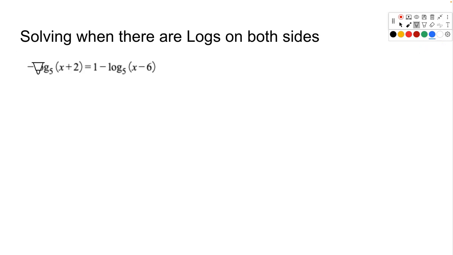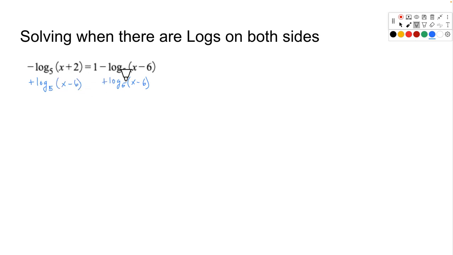We'll leave this 1 over here, and we'll simply add the log base 5, x minus 6, this whole thing to the other side. And the reason we can do this is because the logarithms have the same base, and so we're going to be able to combine them using log properties.